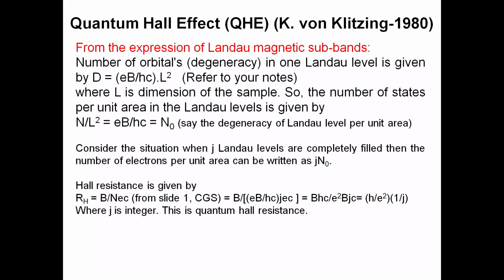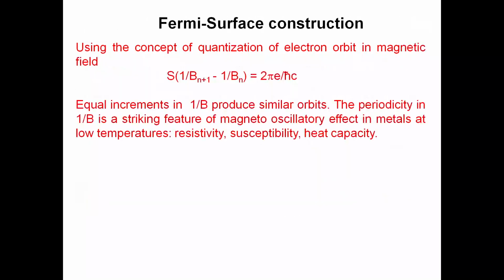Then a different Landau state will be the top filled orbital, and you have a drop and a different resistivity value. That is how your resistivity jumps from one state to another state. So it's quantized-like behavior.